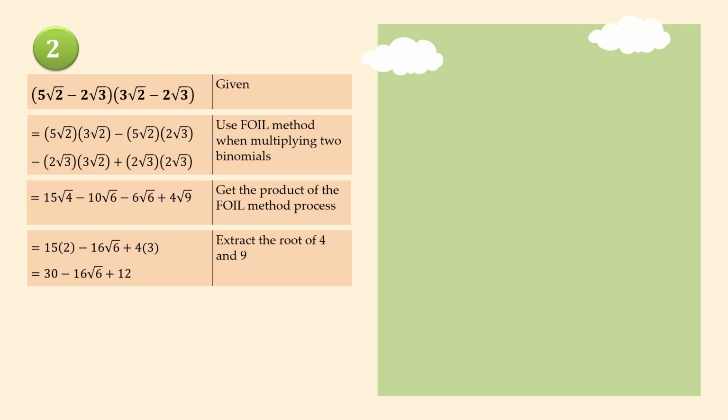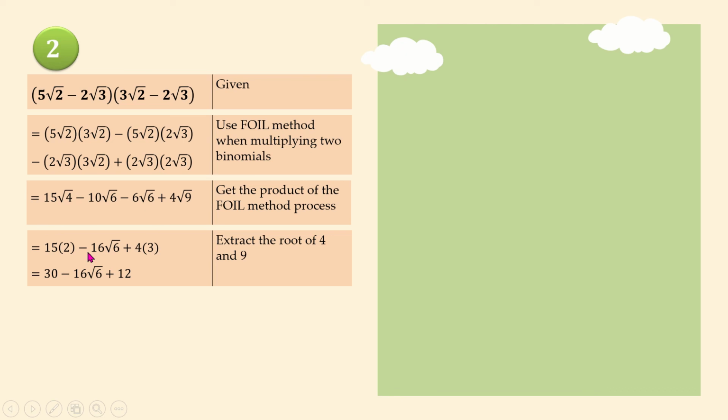Okay, simplify. The square root of 4 is 2, times 15. The square root of 9 is 3, times the 4 outside. Same as example number 1, we combine the middle terms, since both have square root of 6. So combine negative 10 and negative 6. We can't subtract a positive number from a negative; instead, both are negative.